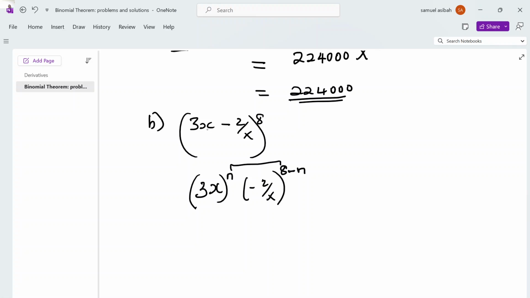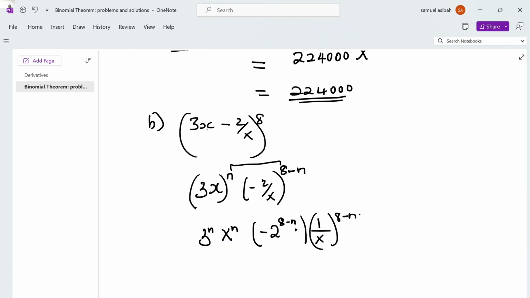How do we get the value of n? Here we are getting 3 raised to n, x raised to n. The second part we are getting negative 2 raised to 8 minus n. We can separate them: 1 over x raised to 8 minus n.